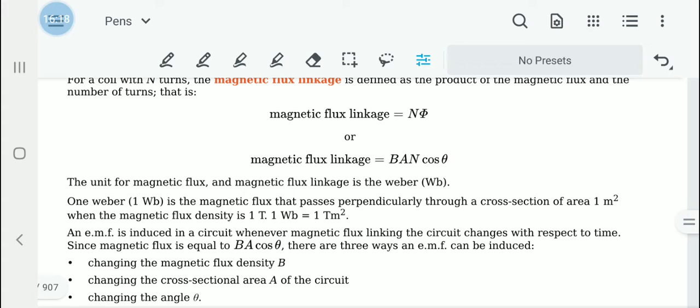Then write down: magnetic flux linkage is the product of the magnetic flux and the number of turns in the coil, N into phi, or BAN cos theta. You have to remember, if it is at right angles with the normal, then it is simply BAN, magnetic flux linkage.